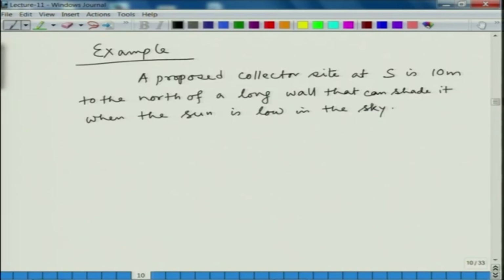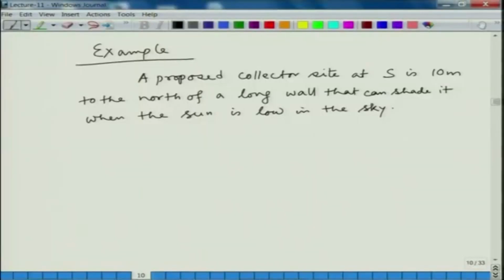That of course, when the sun is at the zenith of the sky, there is little possibility that a wall will shade that location if the wall is not too high. Okay. So, only when the sun is low in the sky does the shading possibility come. So, what is given? The wall is uniform in height. Okay, everywhere it has the same height, and that height is 2.5 meter.